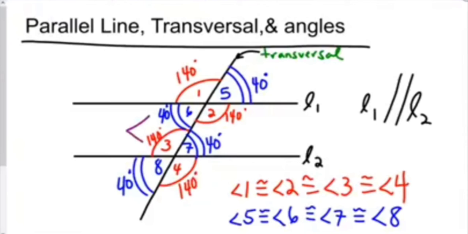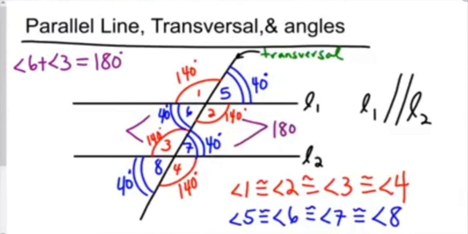And now we look at the two interior angles that are on the same side, which are angle 6 and angle 3. Notice how they add up to 180 degrees. Also, on the other side, interior, same side, they also add up to 180 degrees.